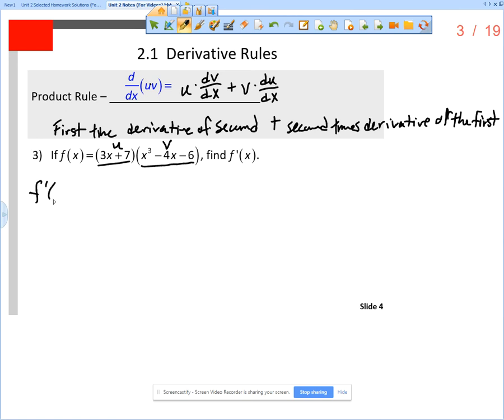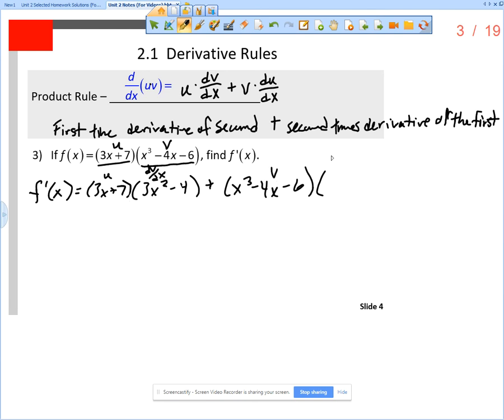All right, so f prime of x equals what? Well, we're going to take u, so that's 3x plus 7, and multiply by the derivative of v. So derivative of x cubed, that's 3x squared, minus the derivative of 4x. So remember, that's like 4x to the first, so it'd be minus 4 times x to the 0, and then minus the derivative of 6. The derivative of 6 is 0. So that is like u, and then dv dx plus, now I'm going to take v, which is x cubed minus 4x minus 6, times the derivative of u.